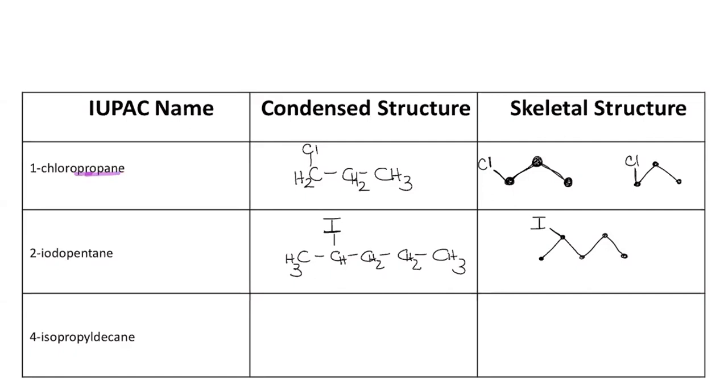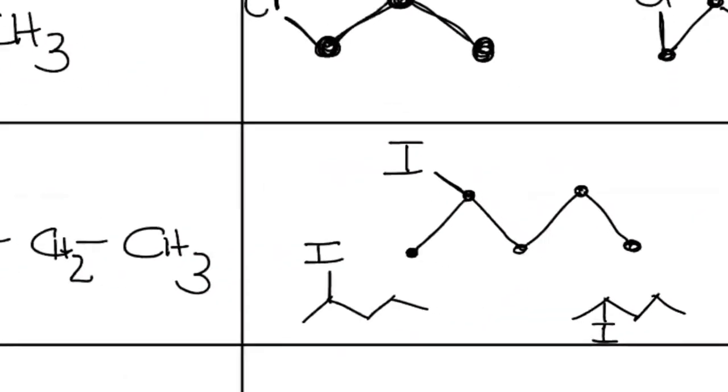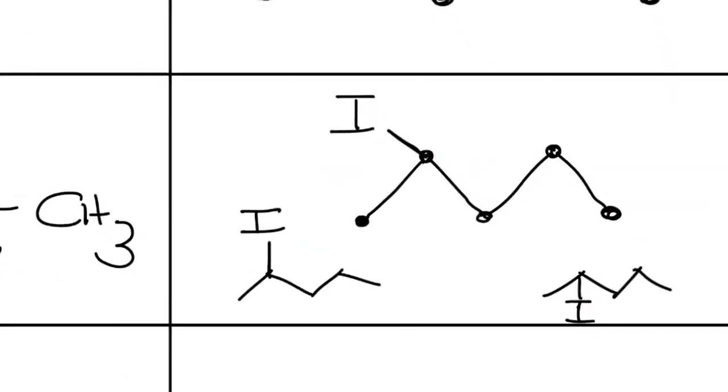Now, if you guys give me structures that look like this, or even if you drew it like this, I will take it as a right answer. Just because you're illustrating to me that you know that there's 5 carbons in a row and there's an iodine on carbon 2.